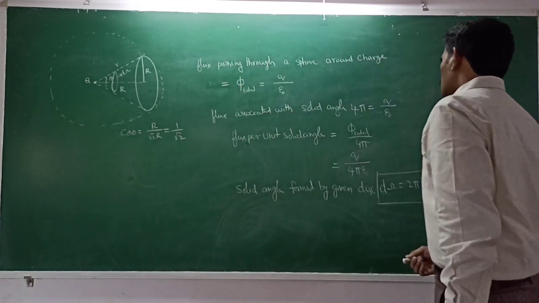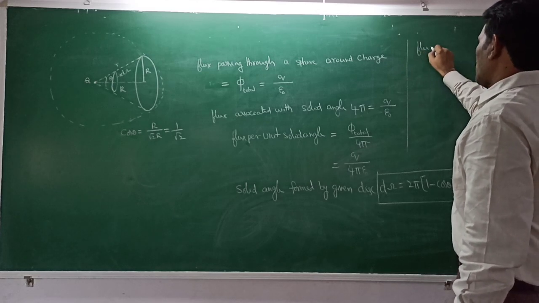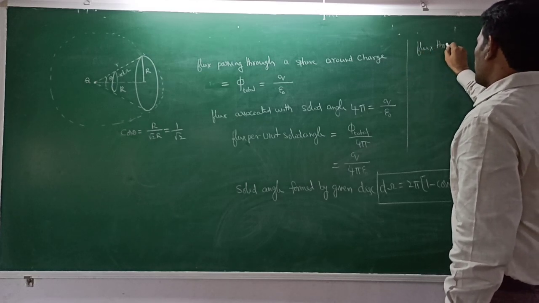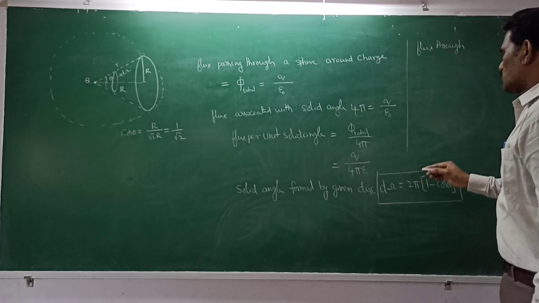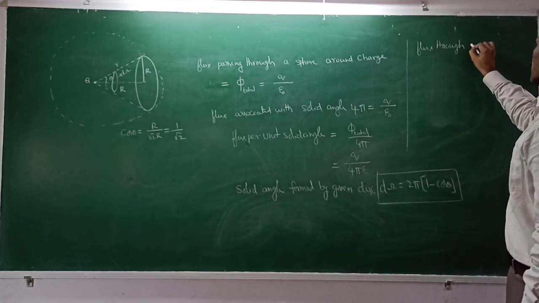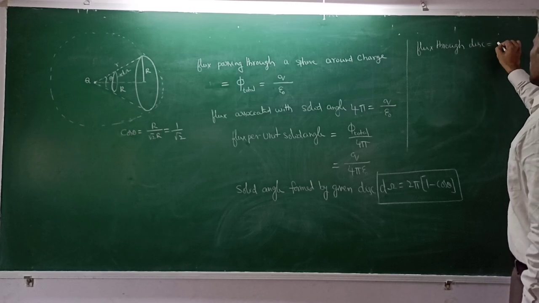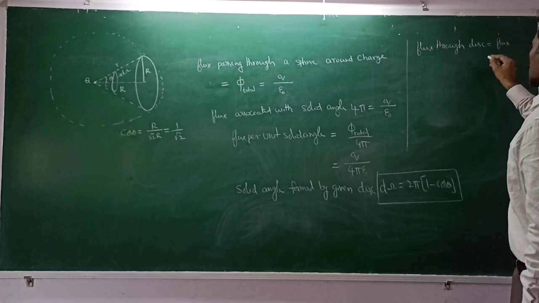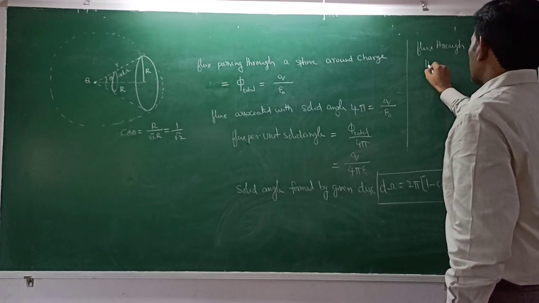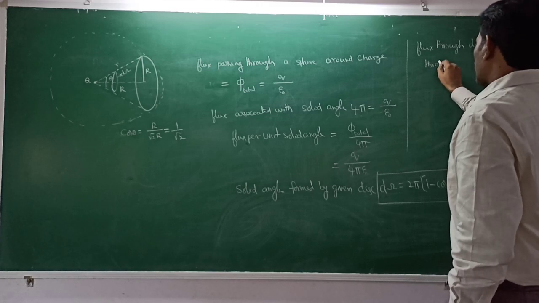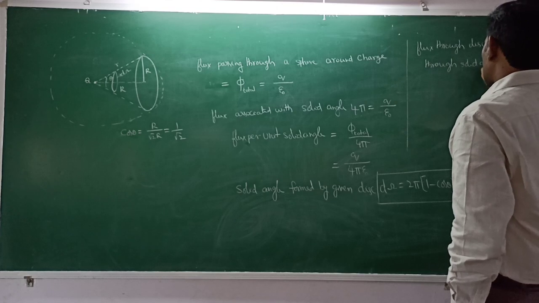And so now, the flux through the disk is equal to the flux through the solid angle d omega.